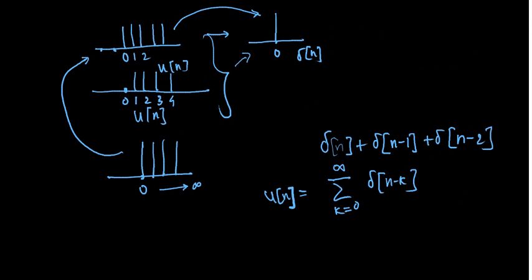Otherwise, at the end you will get only one value, a scalar. 1 plus 2 plus 3 plus 4, you will get one value, let's say 10. If I add 1 and 0 otherwise, 2 and 0 otherwise, 3 and 0 otherwise, you will get a signal, right? Got this? Clear? Sure? Everyone? Fine.